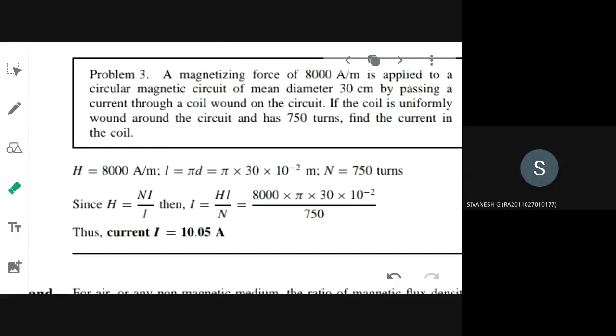Girls are not answering. Some got the answer 10.048 ampere. Okay, next problem we will go.